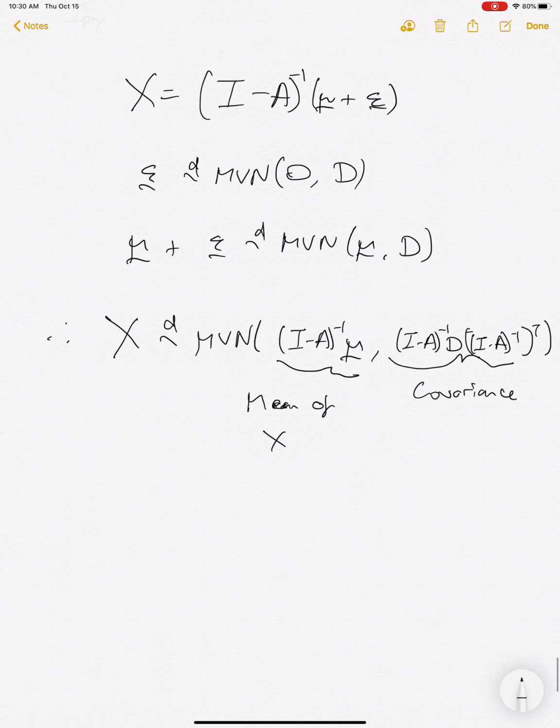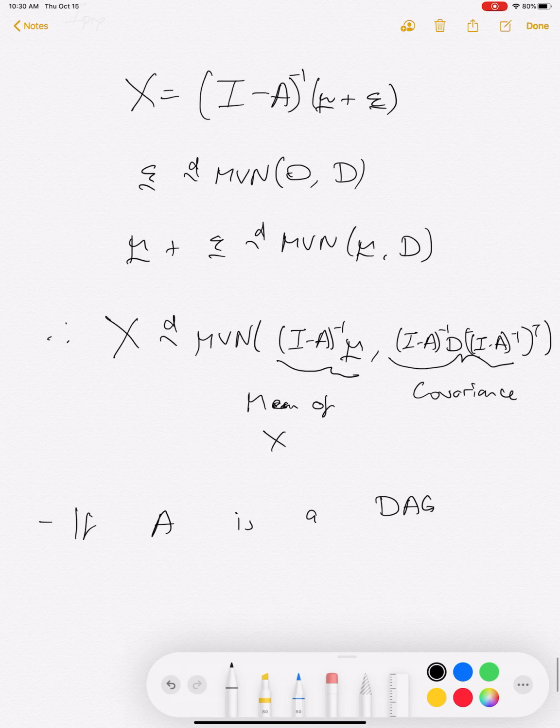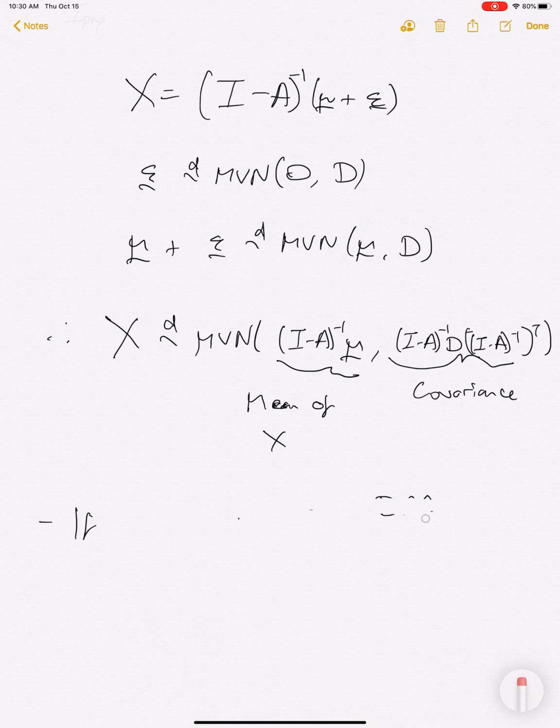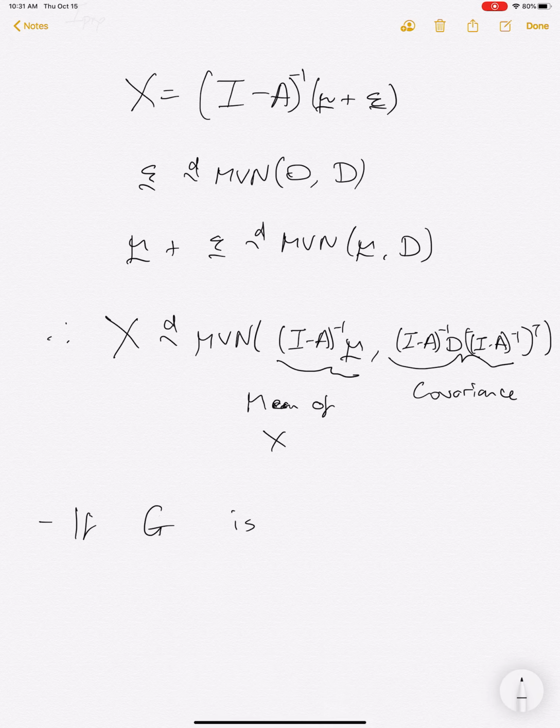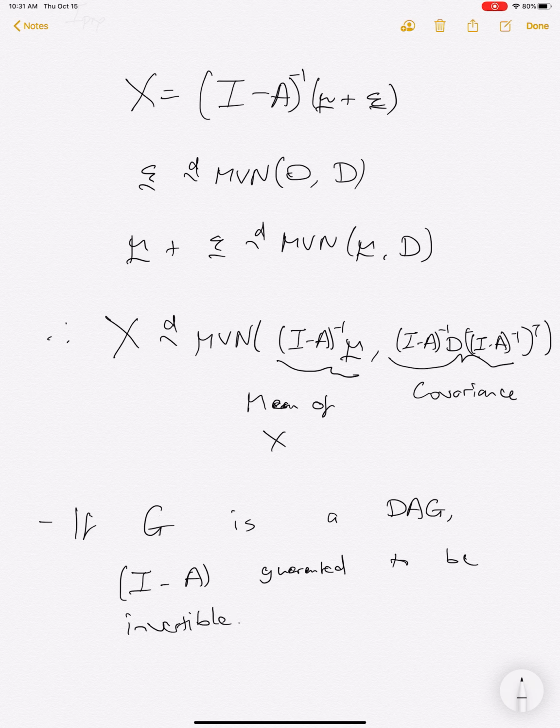Okay, and note that if G is a DAG, I minus A is guaranteed to be invertible.